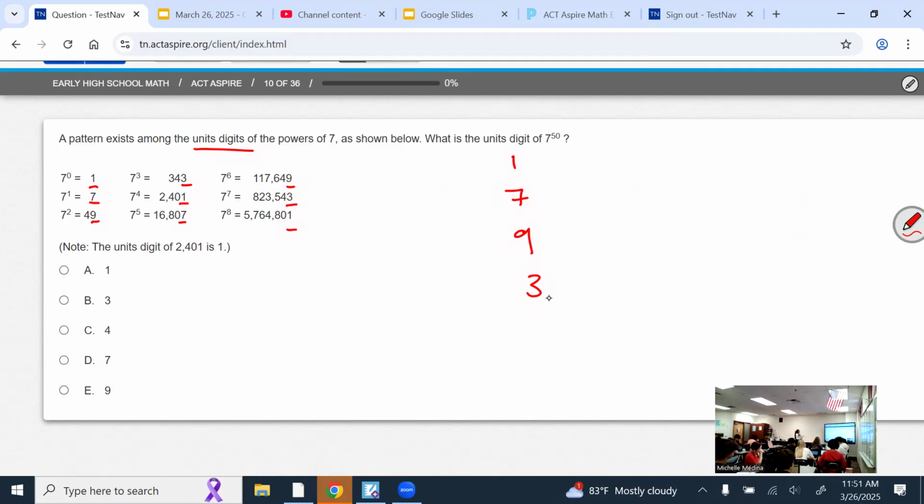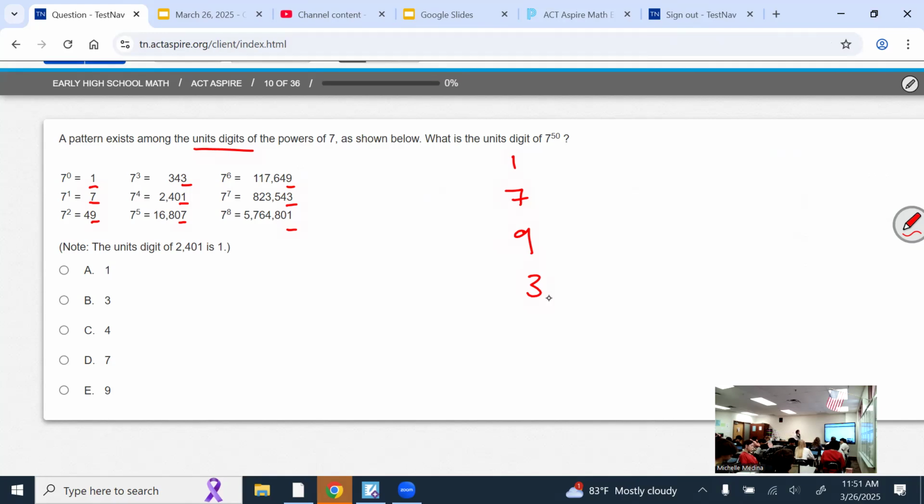Side note, if you were to type in 7 to the power of 50 into any calculator, even your handheld one, it's too big of a number to just type it in and look at what the last number is. So you would have to find the pattern in a different way.